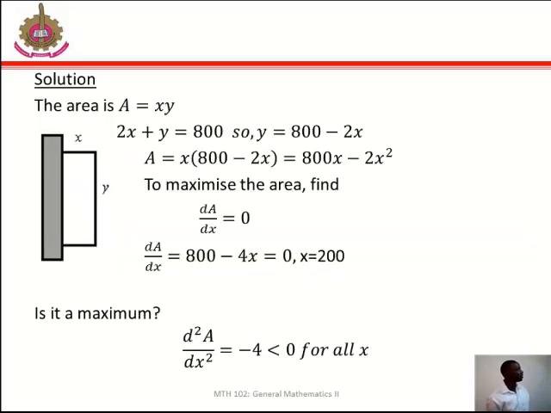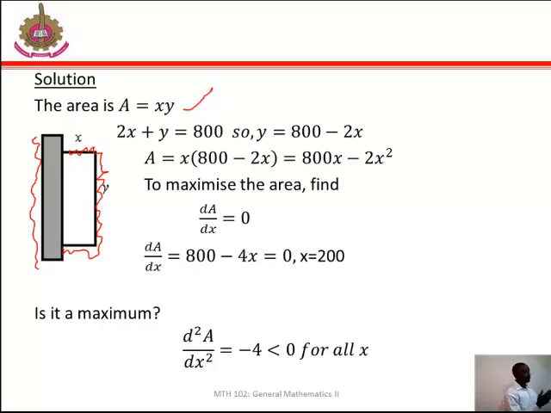Now, in order to solve this particular problem, it's very important that you be able to picture the problem. This is the fence, and this is the enclosed area. The area is expressed as length times breadth. That is why we have x multiplied by y.